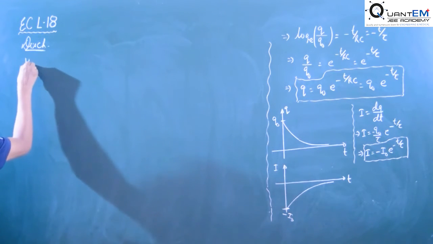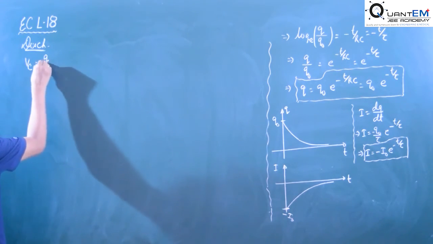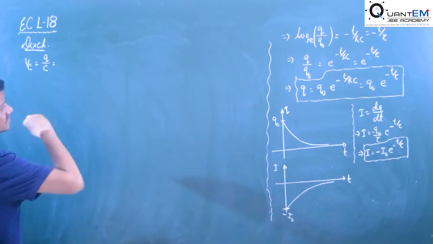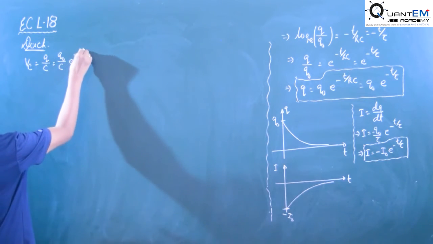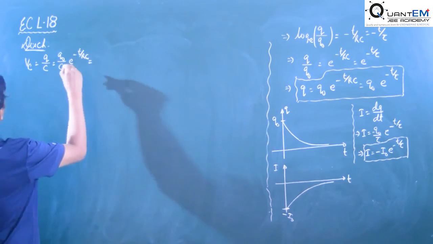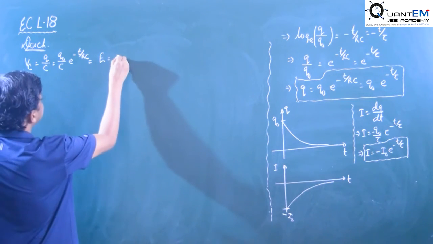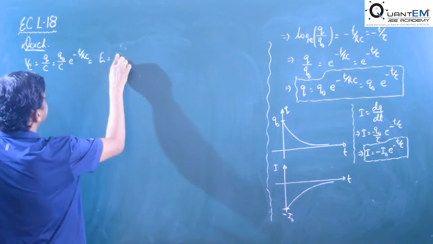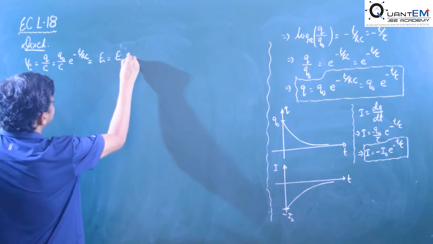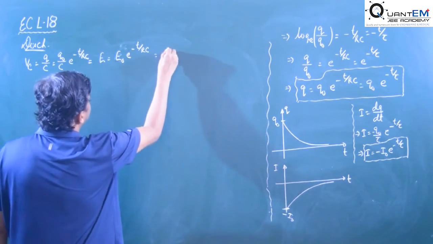Discharging VC. VC is what we have? Q by C, that is Q naught by C e to the power minus t by RC. You may also write it, Q naught by C is what? The EMF, E naught, e to the power minus t by RC, or E naught.